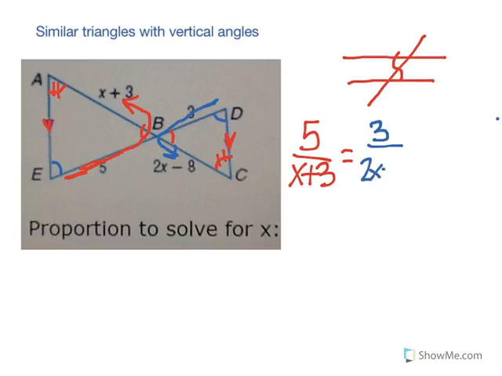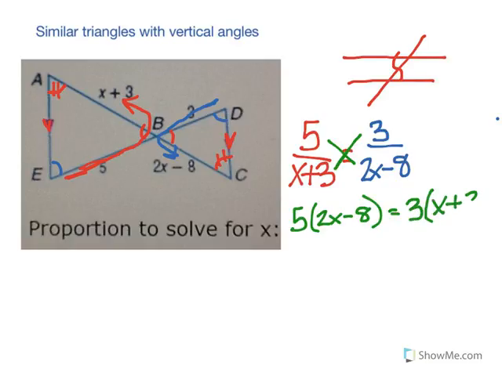So I followed the same path on each triangle. And now we're going to do our cross multiplying. 5 and then 2x minus 8 in parentheses, and then 3 times x plus 3. And we solve this.